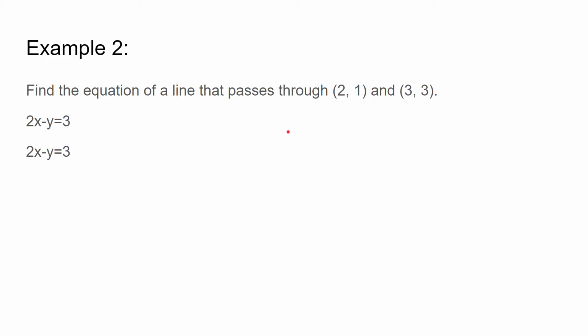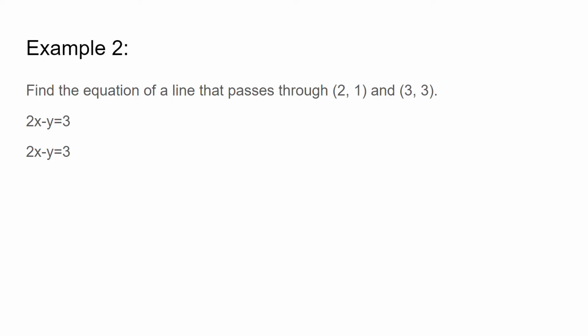That's also the same for when we find slope. We have to have x1 and y1 from the same point, and also x2 and y2 from the same point, but it has to be from a different point than what we got x1 and y1 from.